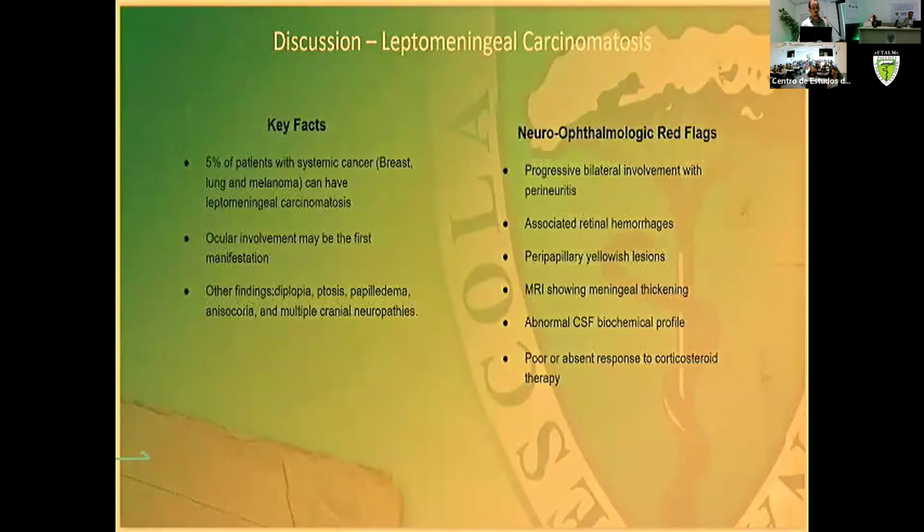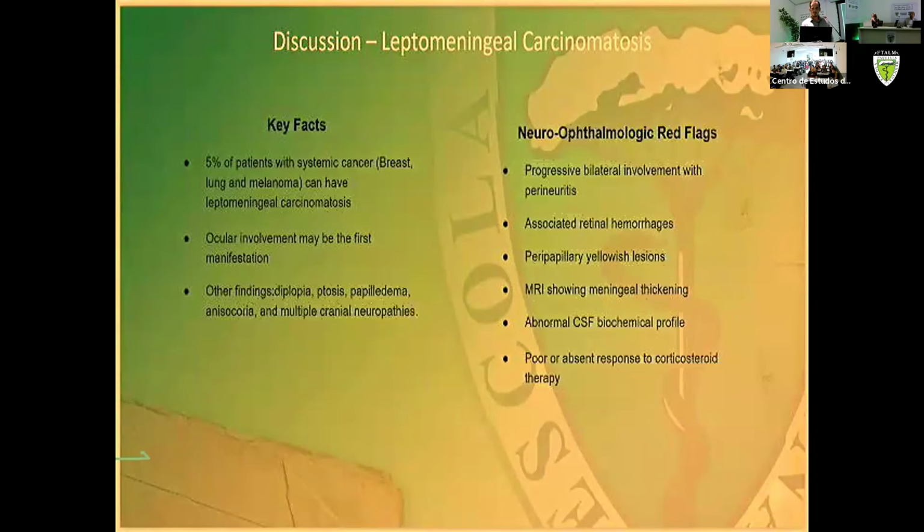Five percent of the patients with systemic cancer, like breast, lung, and melanoma, which are the principal ones, can have leptomeningeal carcinomatosis. And ocular involvement may be the first manifestation. Other findings we can see are diplopia, ptosis, papilledema, anisocoria, and multiple cranial neuropathies.